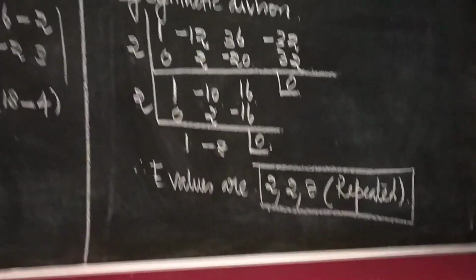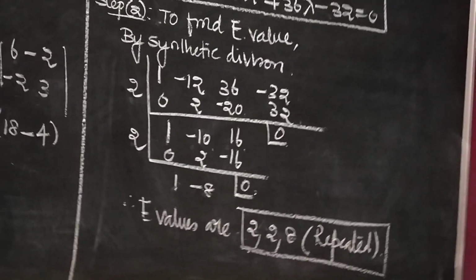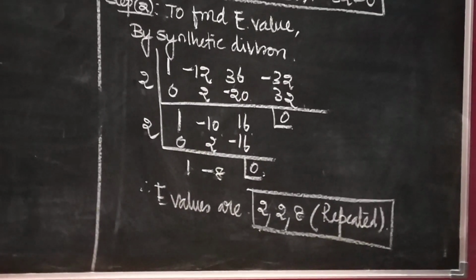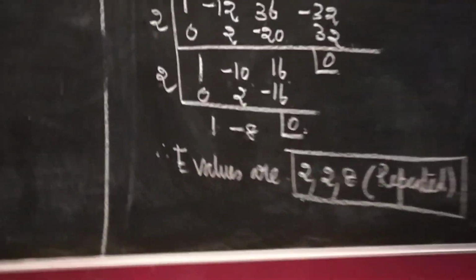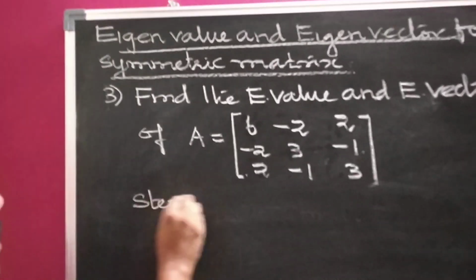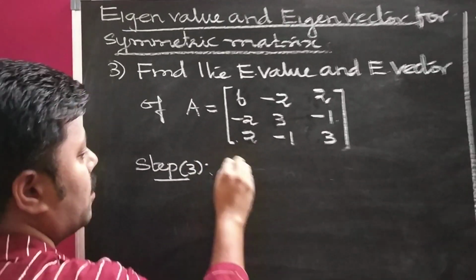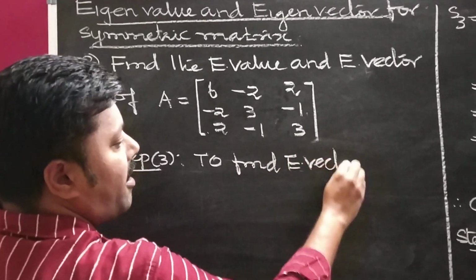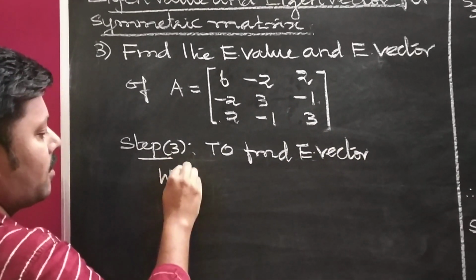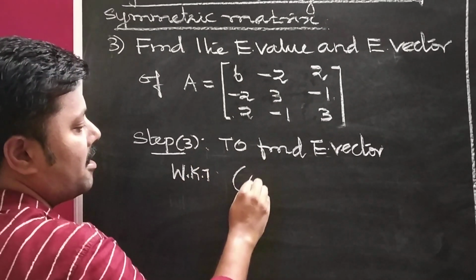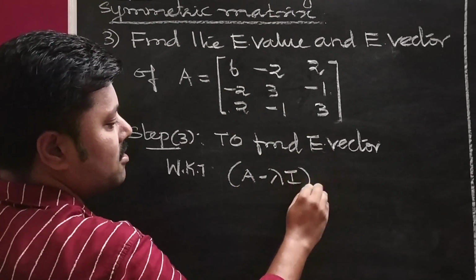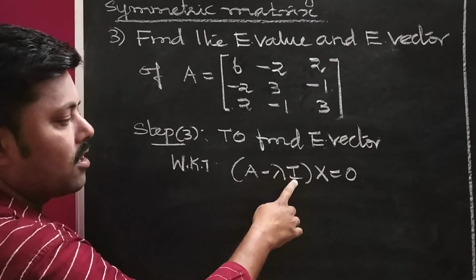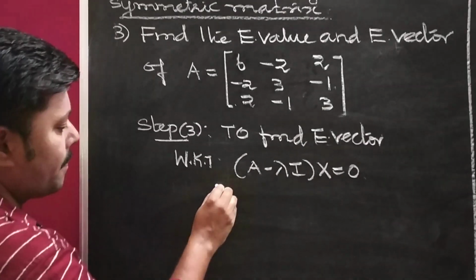Step number 3, to find eigenvectors. We know that the eigenvector equation is (A minus lambda I) x equal to 0, where A is the given matrix, lambda is the eigenvalue, I is the unit matrix, and x is the non-zero column vector.